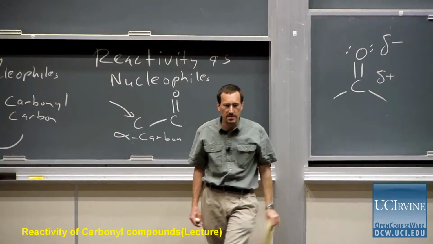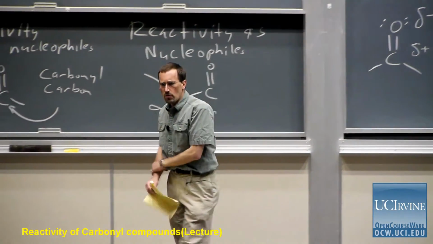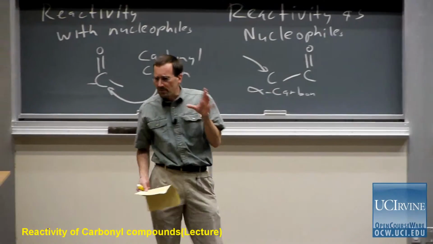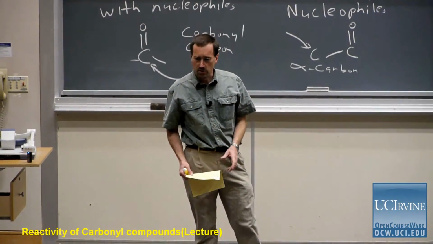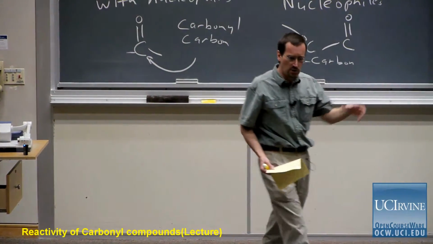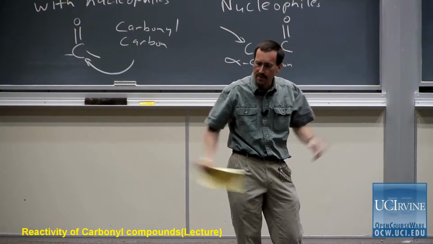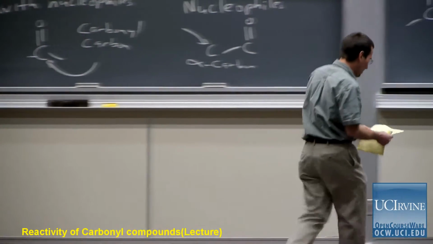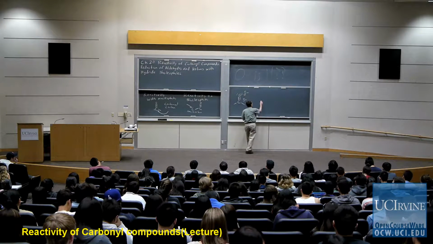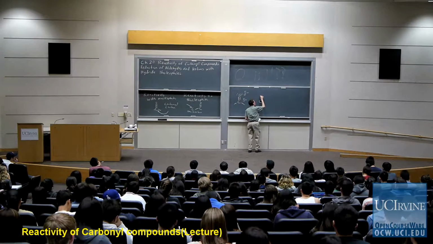There's a partial positive. We can also represent this type of structure by resonance structures. And remember, resonance structures aren't one or the other, but both at the same time to varying degrees, or in some cases more than two.